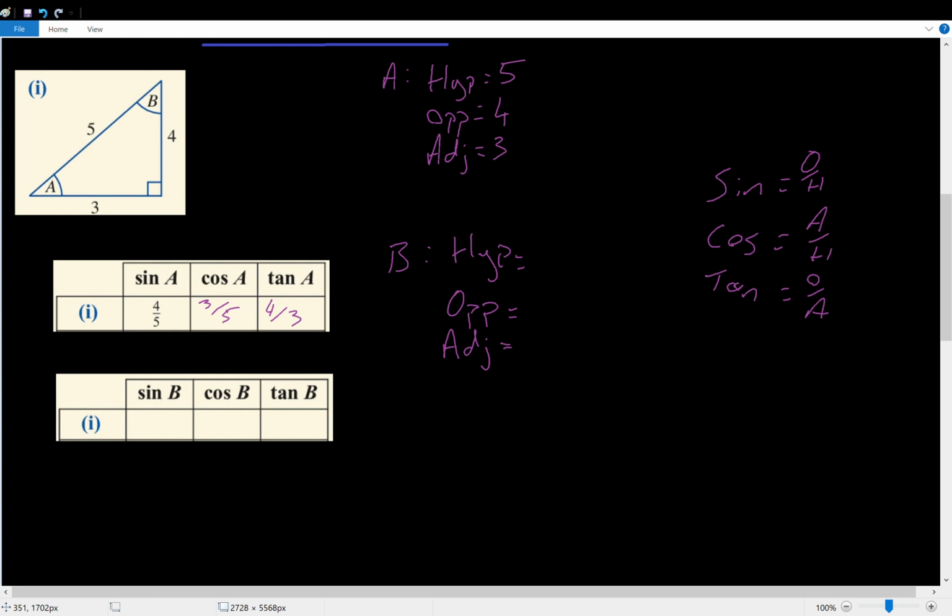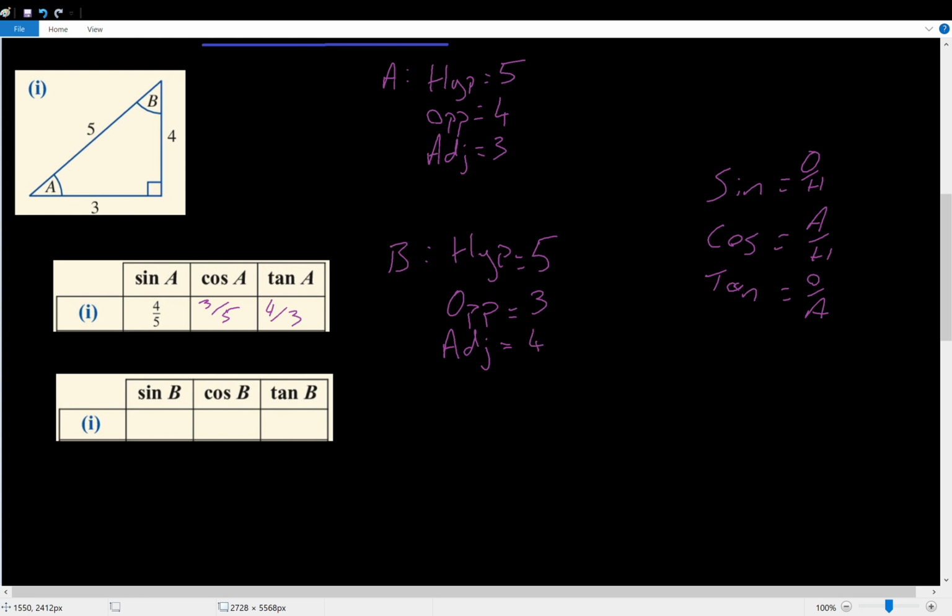It's still the longest side in the triangle, so it's going to be 5. But our opposite will change now that we're talking about B, because the side that is opposite to B, that is on the other side of the triangle from B, is now the side marked 3 in our diagram. And the side that is adjacent to B, or beside B, is the side marked 4. So our adjacent is 4 this time.